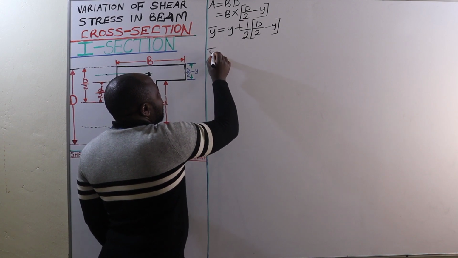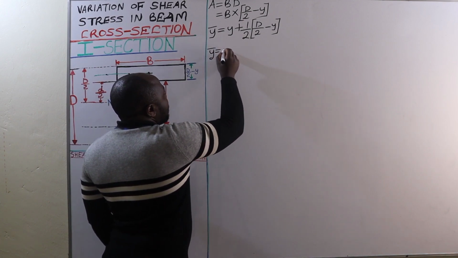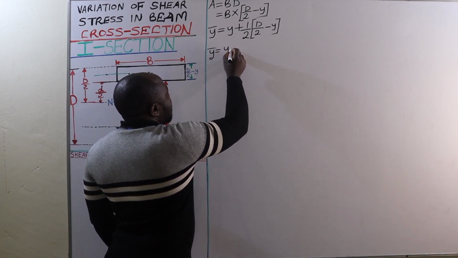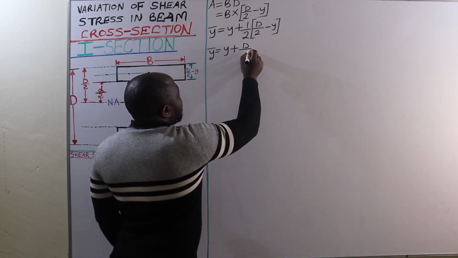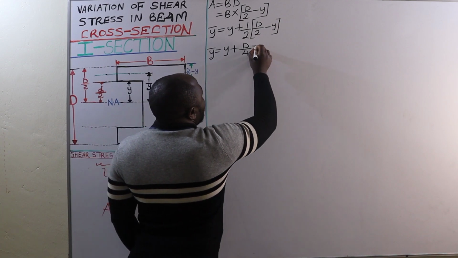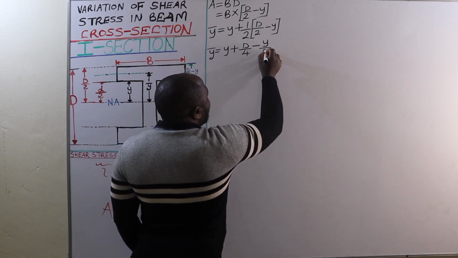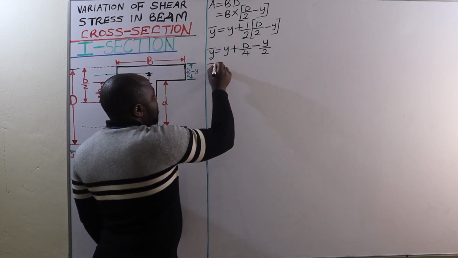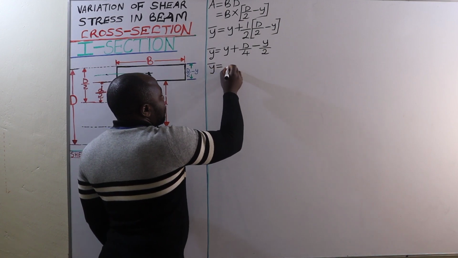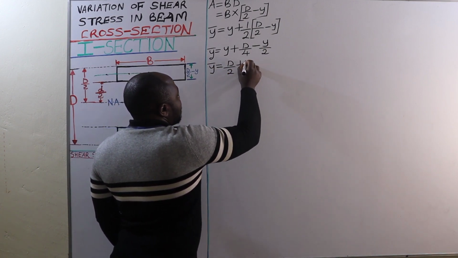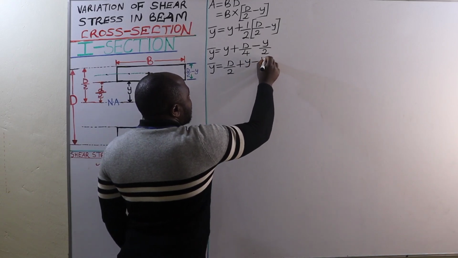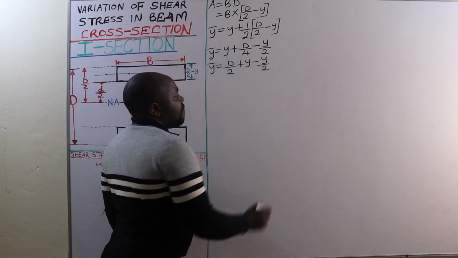So, solving for bar y, we are going to have y plus, opening the brackets, D over 4 minus y over 2, which is going to give us D over 4 plus y minus y over 2.